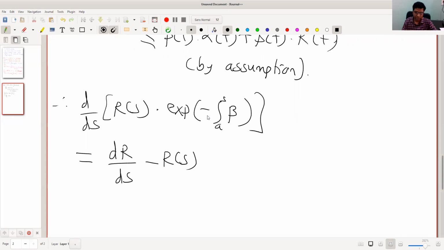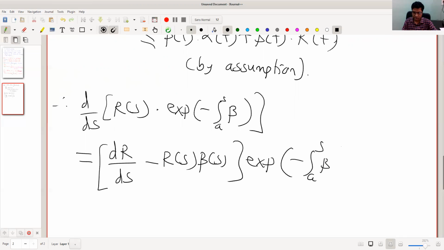So it will be again as it is, and then differentiation of this minus integral from a to s beta is simply minus beta of s. So beta of s, common term is e raised to minus integral a to s beta. We have used the product rule.